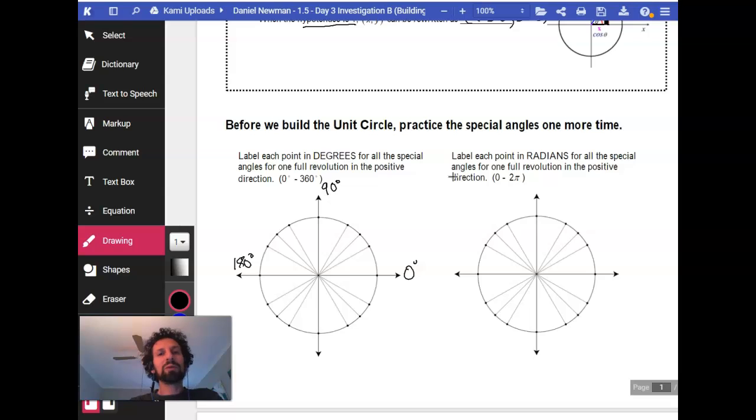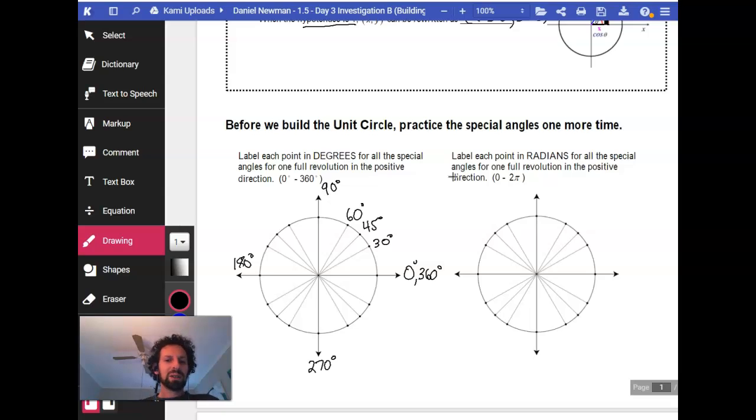And halfway between 180 and 360 degrees is going to be 270 degrees, another 90 degrees. And then we can split the first quadrant into the basic angles. Well, the smallest angle is going to be 30 degrees. Next larger angle is 45 degrees. And the next larger angle is 60 degrees.